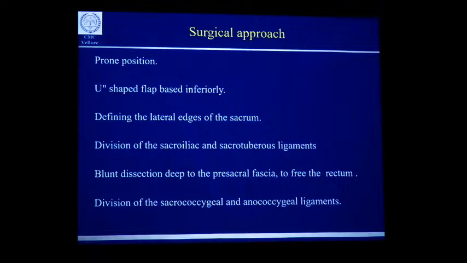This is slightly different from our usual laminectomy because of the position: many surgeons use the prone position, some use the jackknife position, and the flap is usually U-shaped and based inferiorly to prevent any necrosis of the skin flaps after surgery. Compared to a laminectomy, the more important things here are that you have to divide the sacrospinous and sacrotuberous ligaments, and you have to dissect the rectum from the anterior surface of the sacrum.